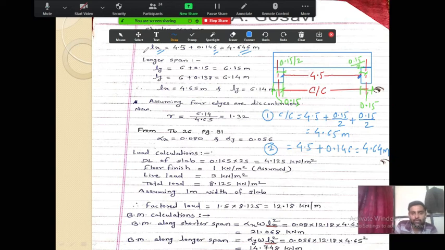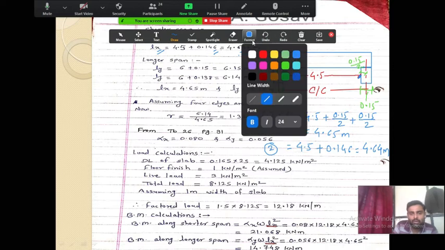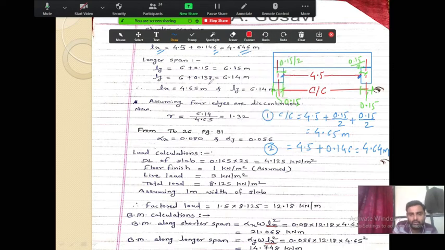Now the same thing we will do for the longer span. You will understand it very easily. For the longer span, our span is 6 meter, and the width of support is not going to change, it remains the same, 0.15. So instead of 4.5 here, now it is 6.